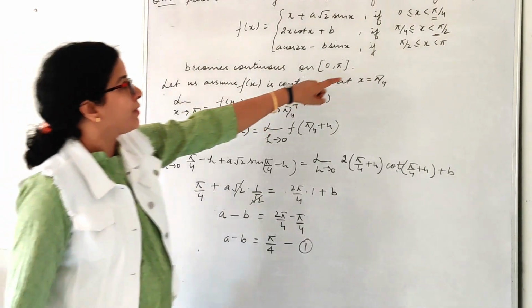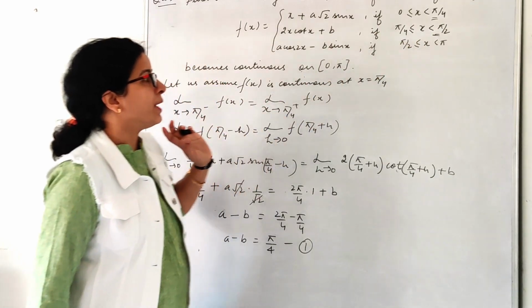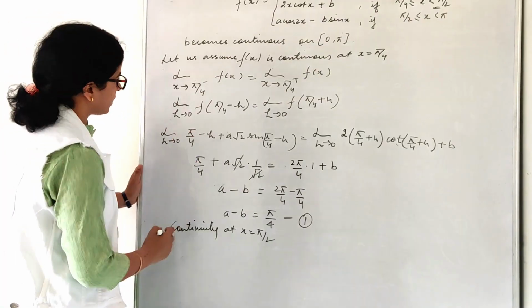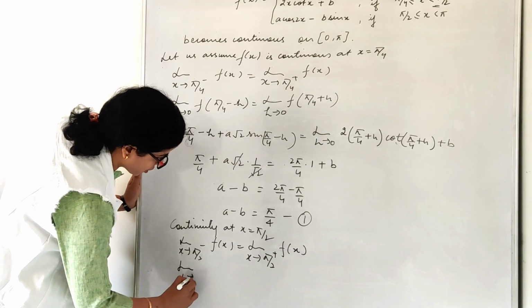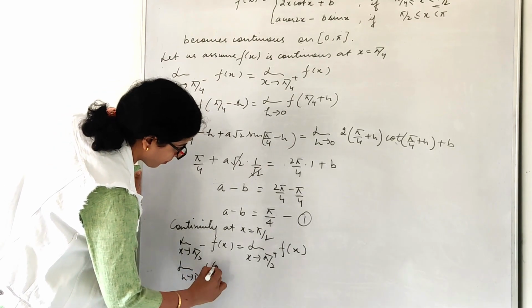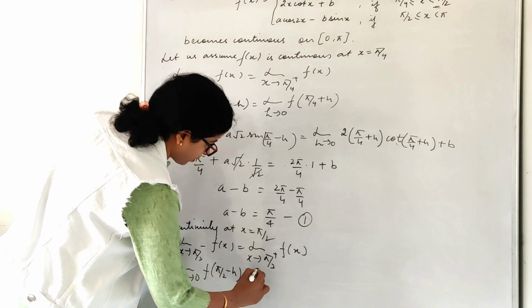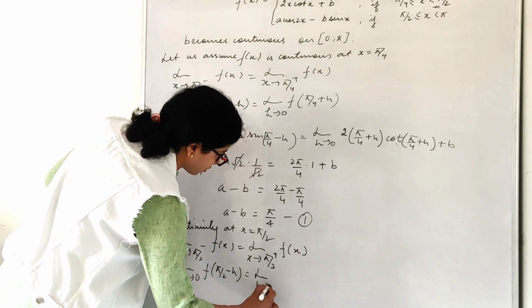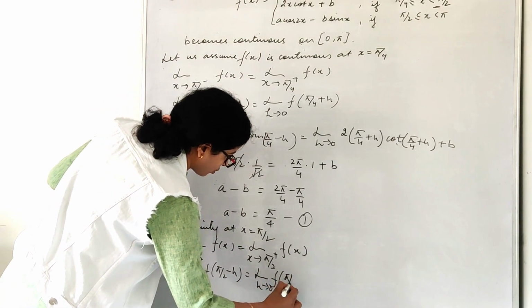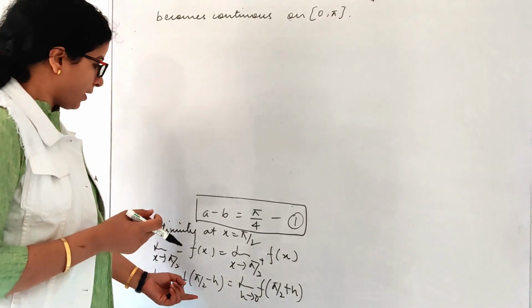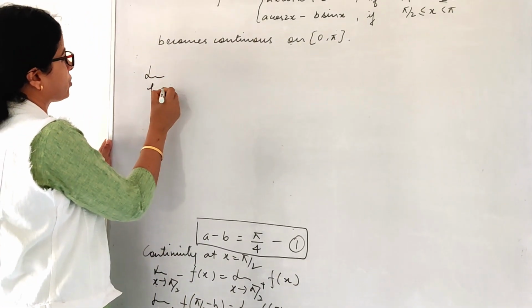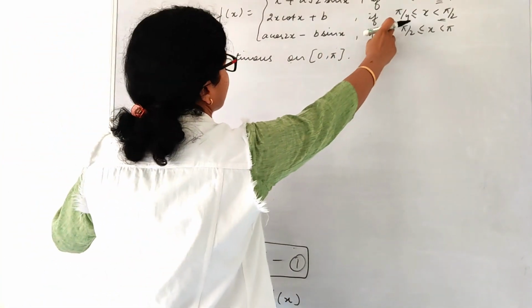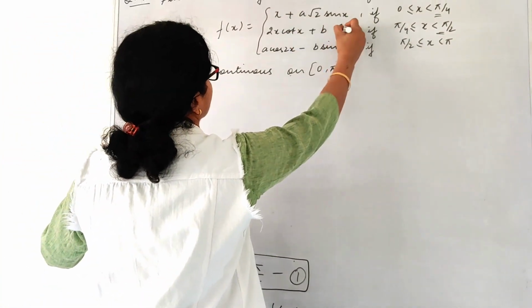Now similarly when I discuss pi by 2, I will get my second equation. What does this imply? This implies limit h tends to 0, f(pi by 2 minus h) equals limit h tends to 0, f(pi by 2 plus h). So now let us substitute the value here. I am getting limit h tends to 0, pi by 2 minus h we are taking, so we will get this function, right?